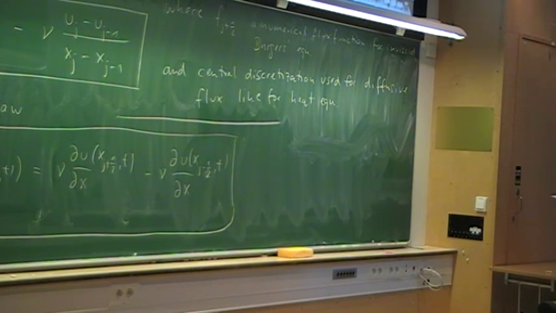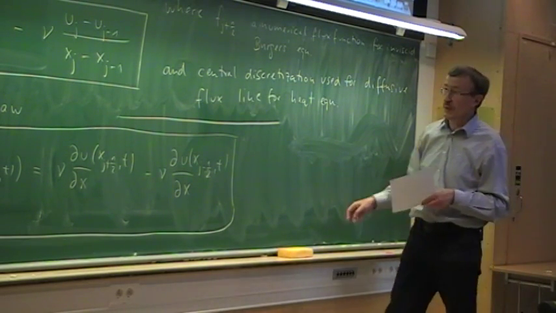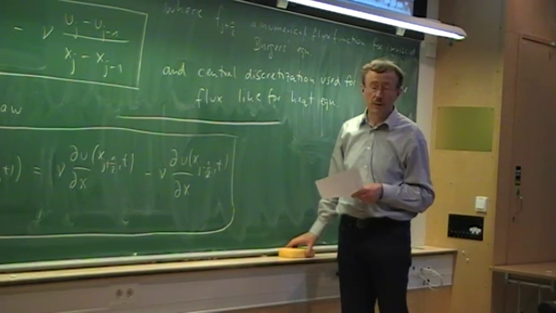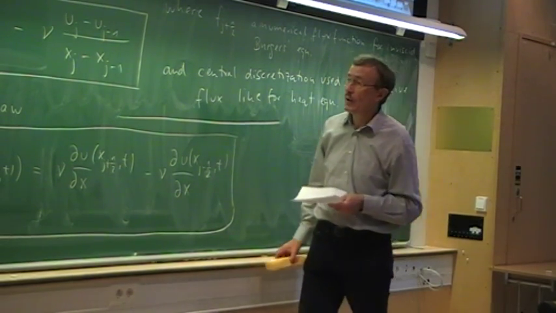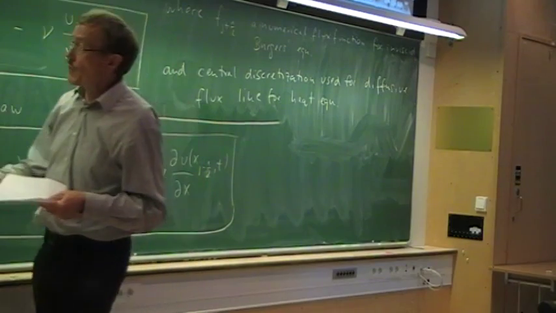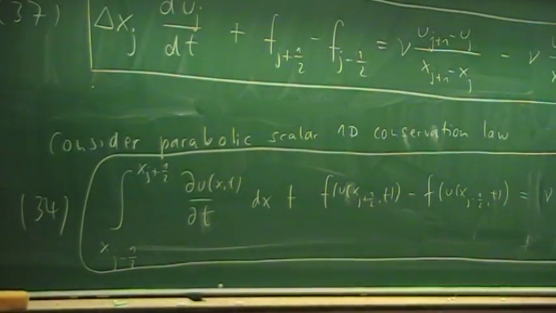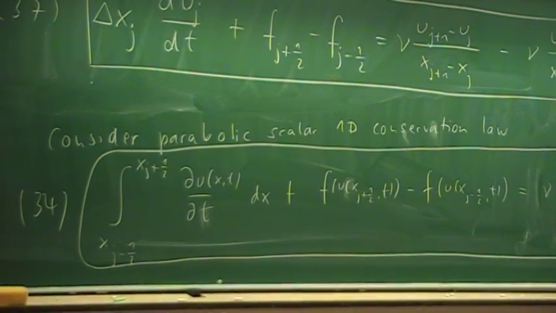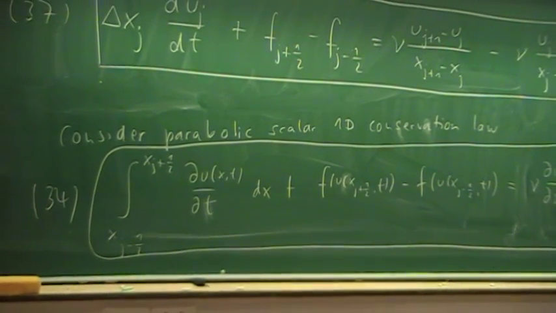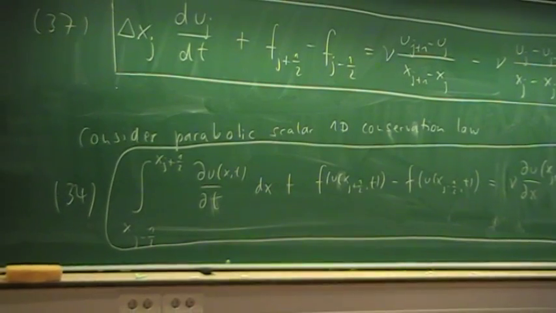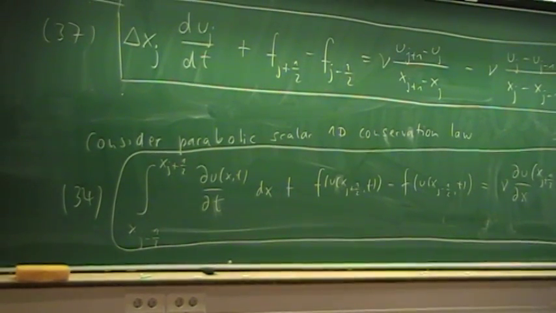And then the time discretization, we decide again on what we like. If we like the explicit Euler method, or other time discretizations, we can do that, because then we decide on how to do that. But the discretization of the diffusive fluxes itself by central discretization is in general okay.